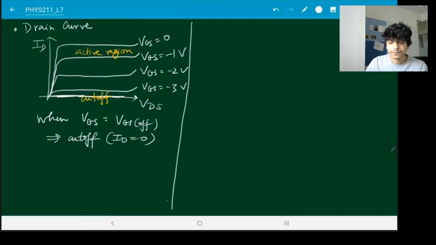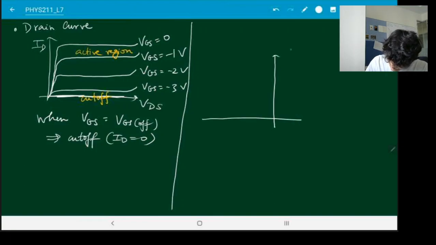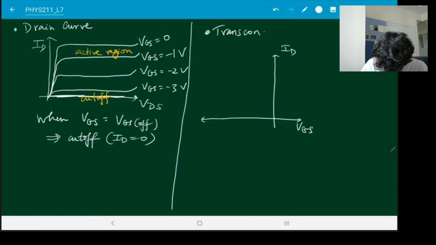We can also plot a different kind of characteristic. We can plot ID as a function of VGS. And I'm plotting it like this because VGS is going to be negative always. This kind of plot is called the transconductance curve.